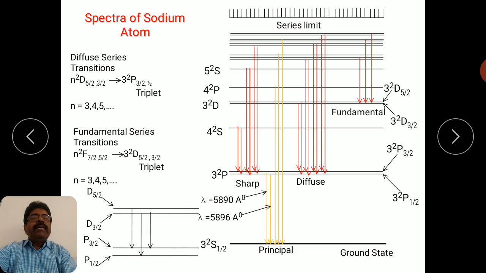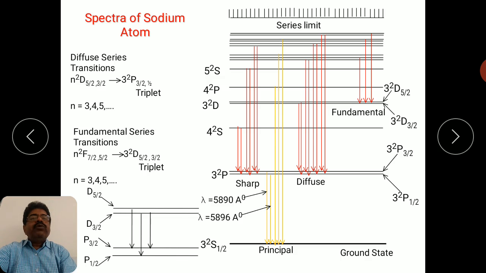Because delta J is plus or minus 1 or 0, but 0 to 0 is not allowed. So for the first arrow, D 5/2 and P 3/2: 5/2 minus 3/2 is 1. So this transition is allowed.